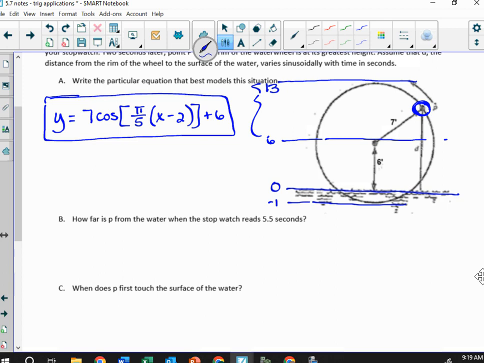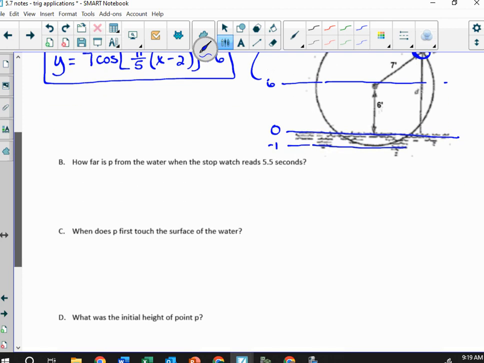All right, let's try to do B, C, and D. So C and D, you're going to figure out what the initial height was of point B. All right, guys, so plug those in.